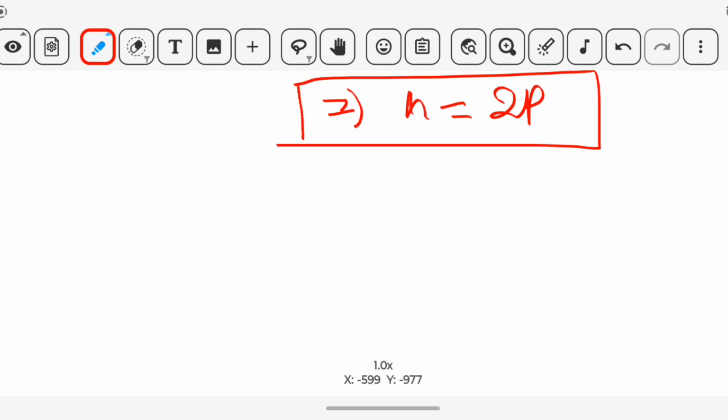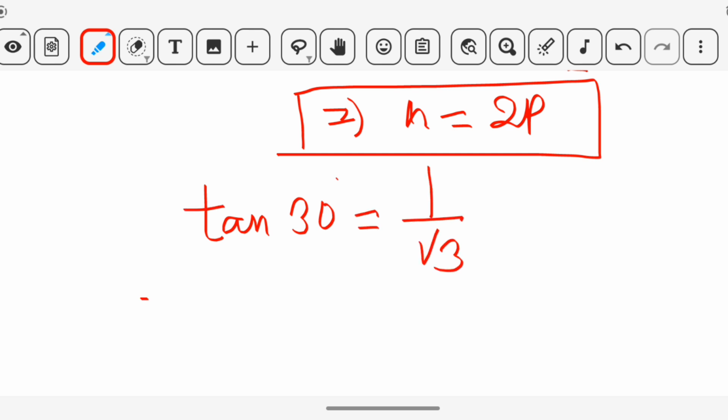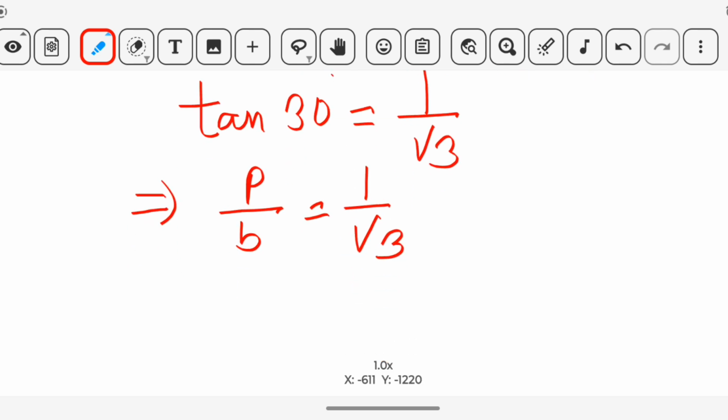Now let's use another trigonometric formula: tan of 30 degree equals 1 divided by root 3. So tan 30 equals P divided by B, that is perpendicular divided by base, equals 1 by root 3.